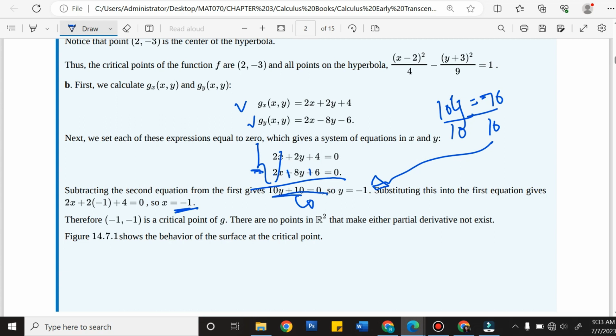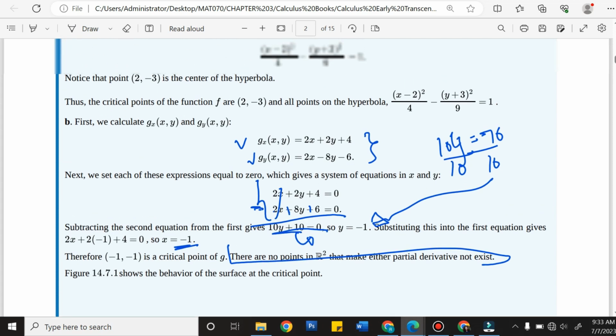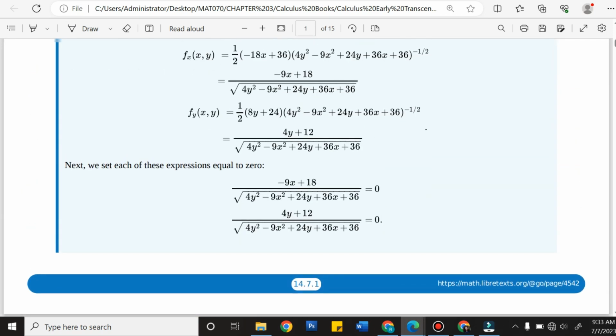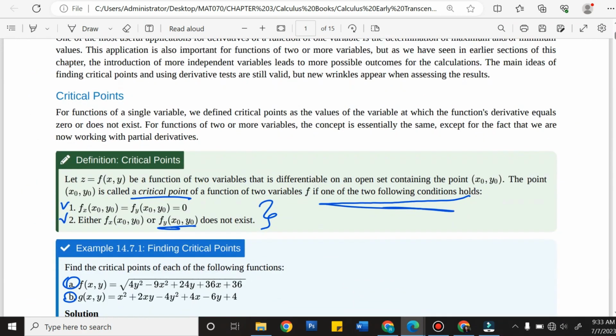Okay. Now take note po class, since wala man ta dire x and y values nga maka 0 sa both atong equations, we cannot use the second condition nga one of them does not exist. So dito sa number 2 class, ang ato lang gigamit kay si number 1.